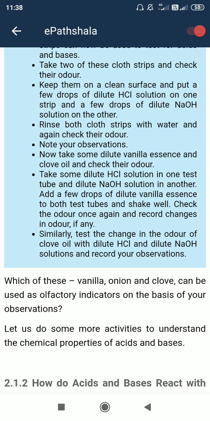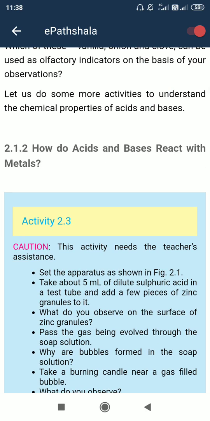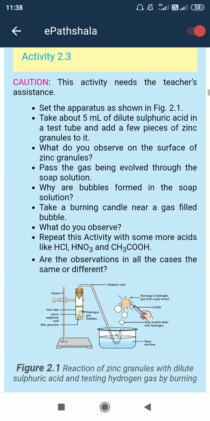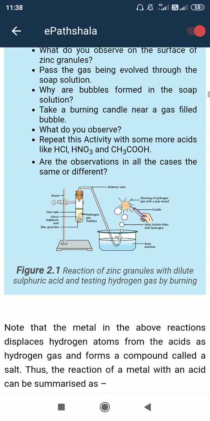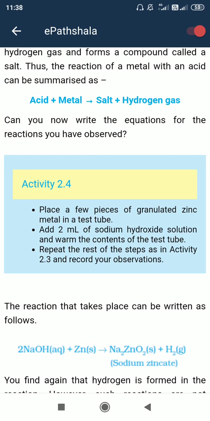Okay, salt. An example of salt is very common in daily use. We use NaCl, sodium chloride, daily; that is a type of salt. So see, here acid is reacting with metal, like sodium, potassium, calcium, aluminium.